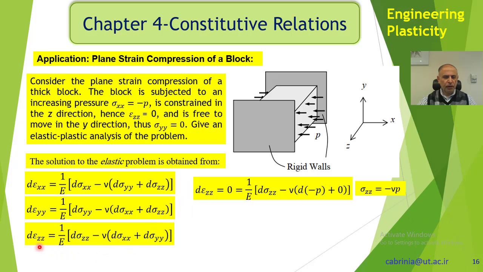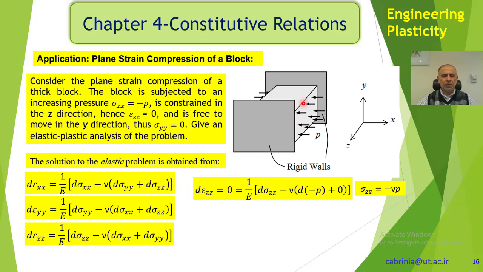For instance, we know that the strain in the z direction is 0 because we have no deformation in the z direction, no material flow, because we have put these rigid walls preventing the material from flowing in the z direction. What about sigma zz?